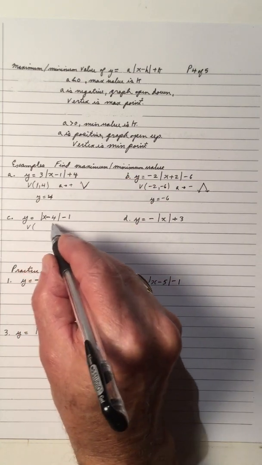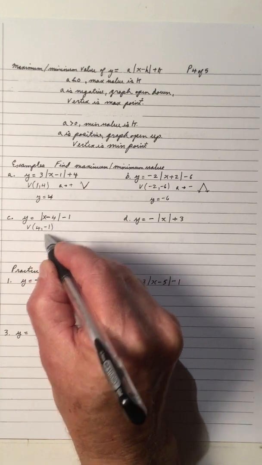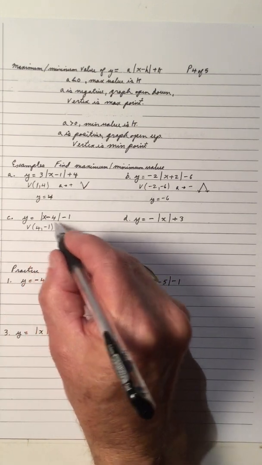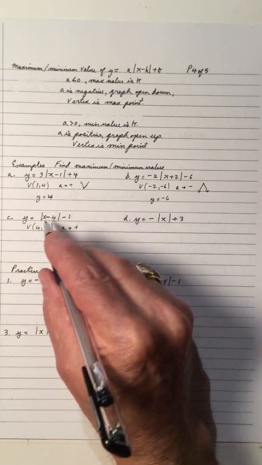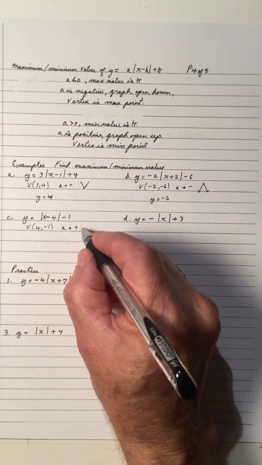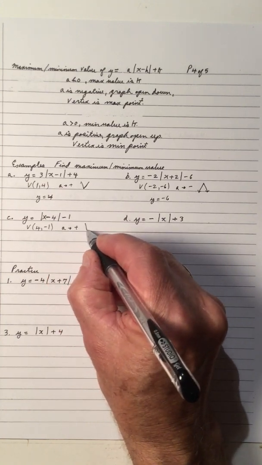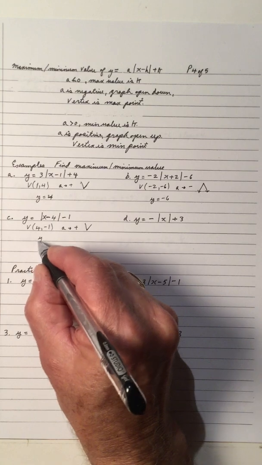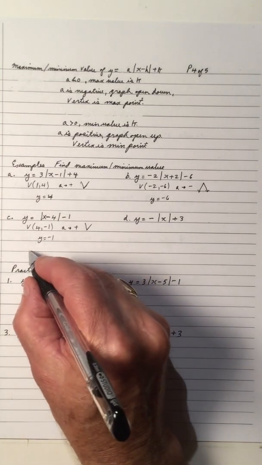The vertex of this one is, the opposite of -4 is 4, and -1. And a is positive, so the absolute value opens up. So y equals -1 is the minimum value.